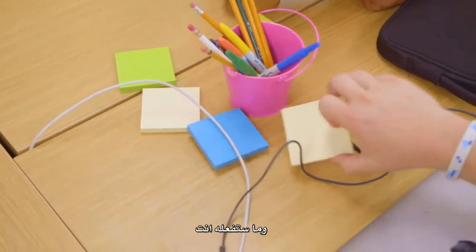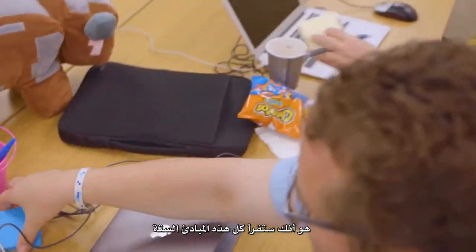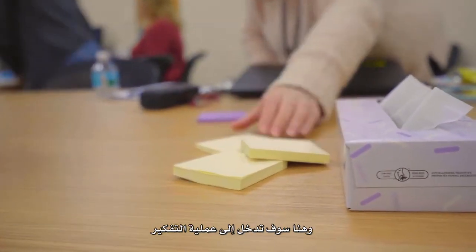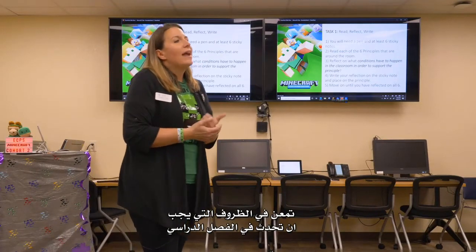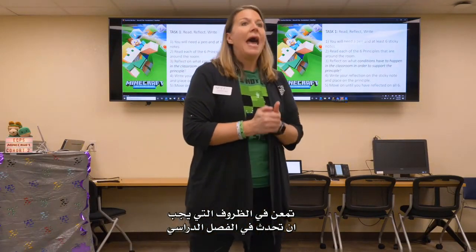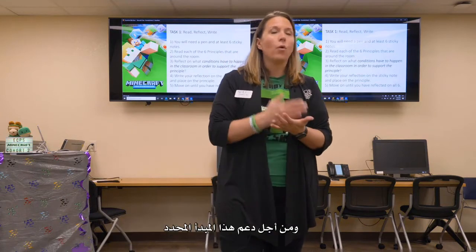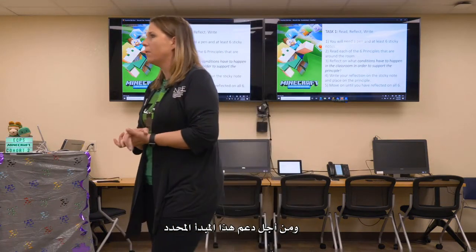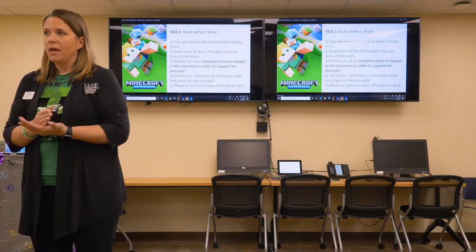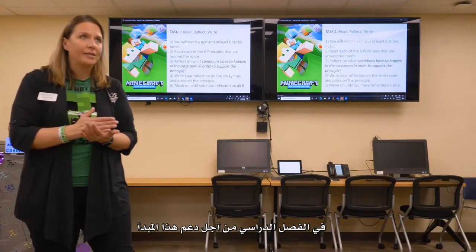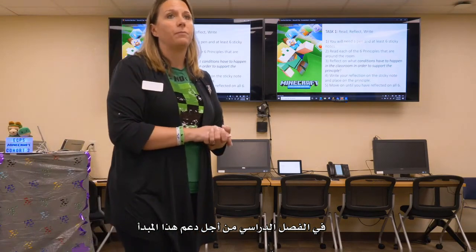And what you are going to do is you're going to read each of those 6 principles, and this is what that thought process is going to come into play. Reflect on what conditions have to happen in the classroom in order to support this specific principle. Okay? Again, what conditions have to happen in the classroom in order to support this principle?